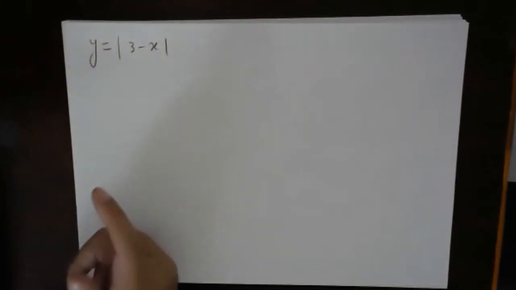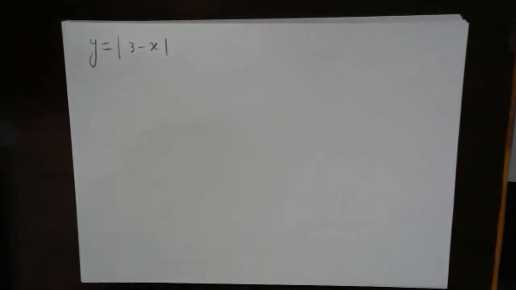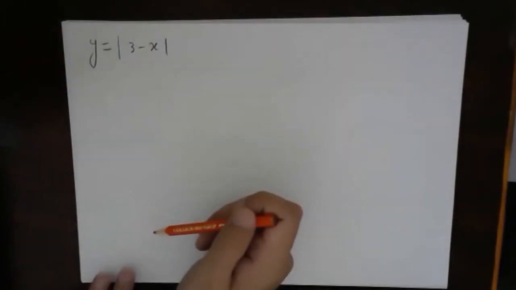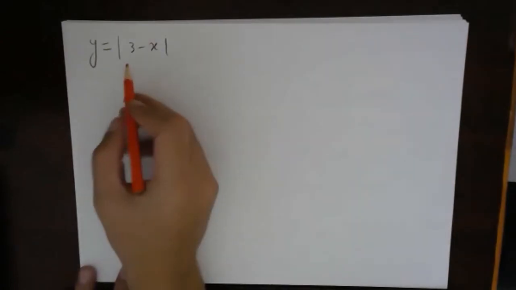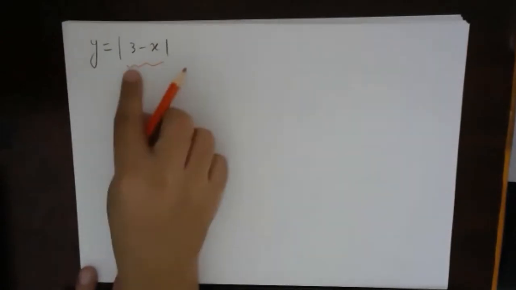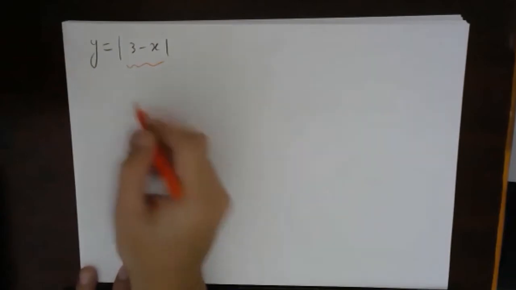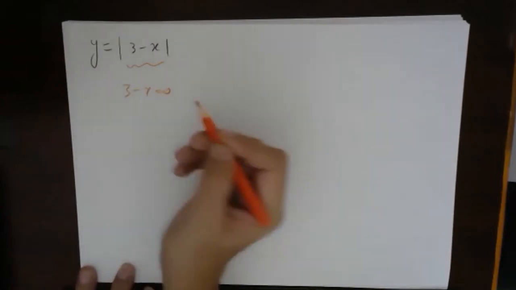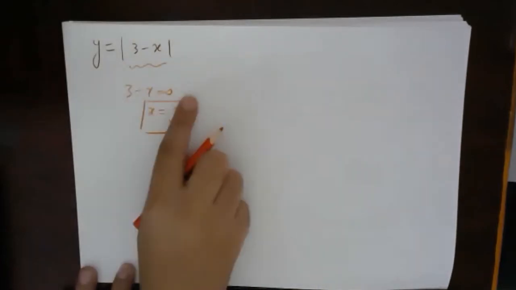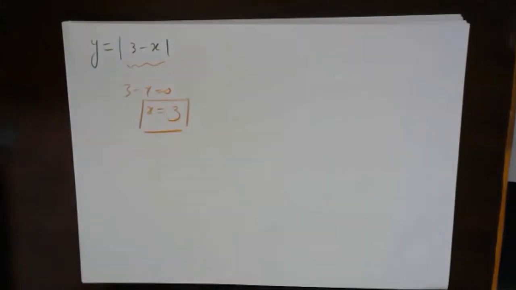The first thing everybody understood is what I have to check. Yes, now it is correct. Very good. The first thing we have to check is where this is equal to 0. That means 3 minus x is equal to 0, so x equals 3, correct?